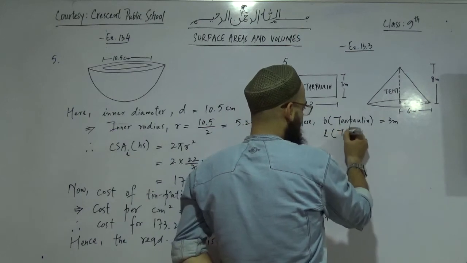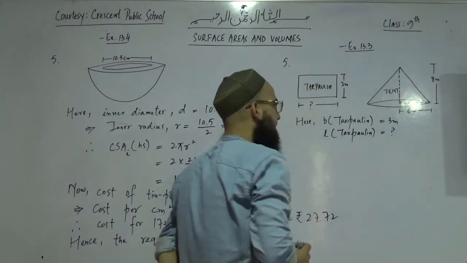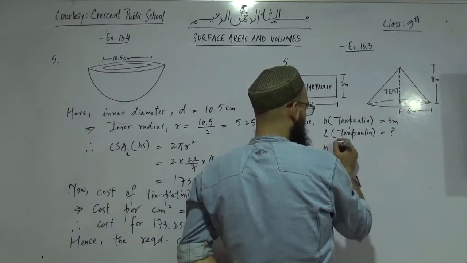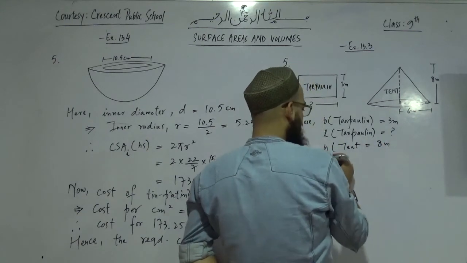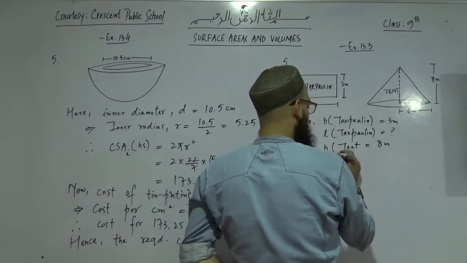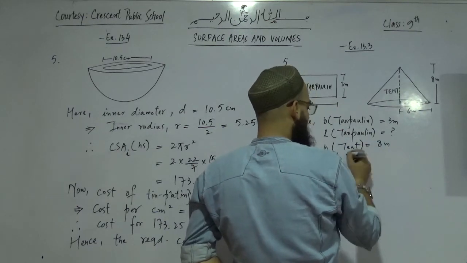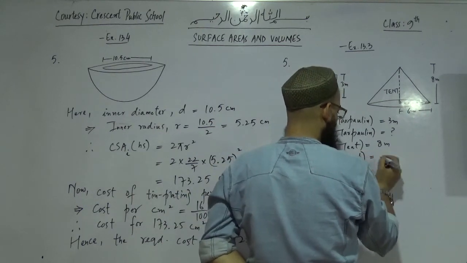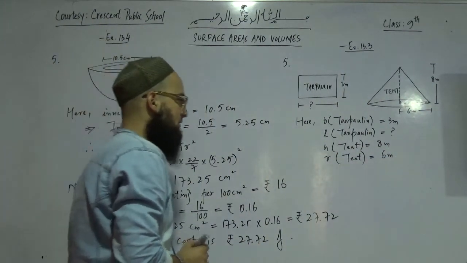Length of tarpaulin is what we are required to find. Then height of tent is equal to 8 meter. Radius of tent is equal to 6 meter.